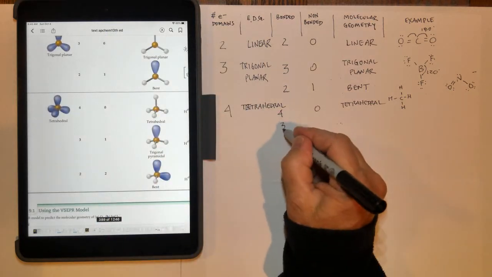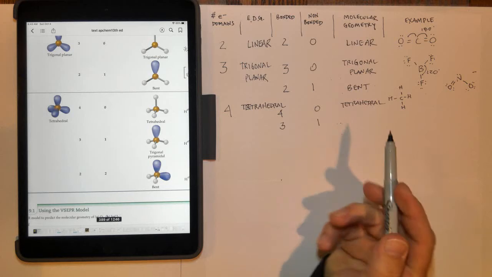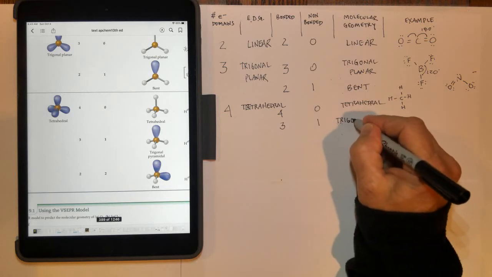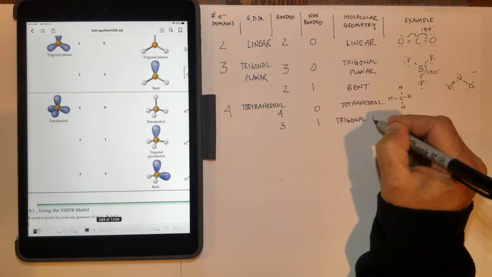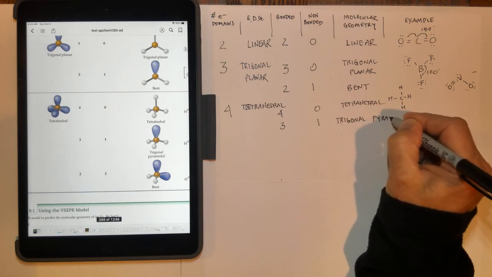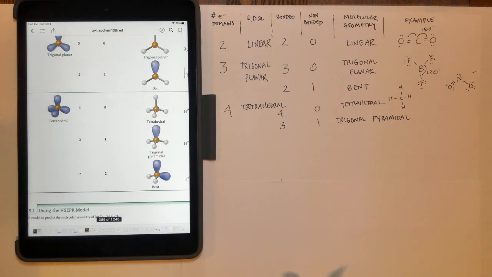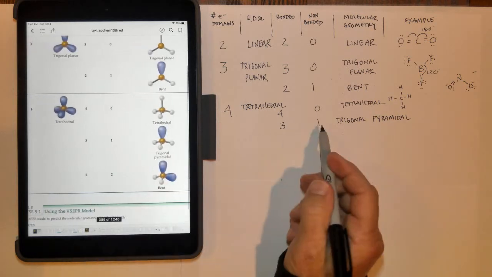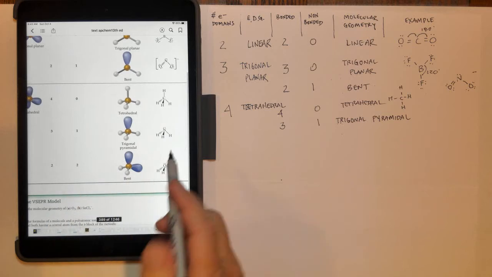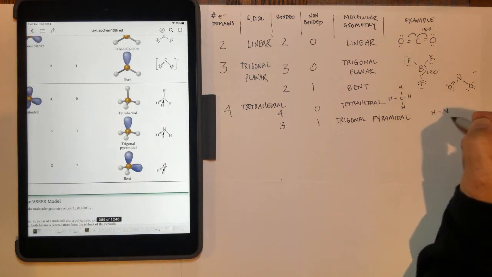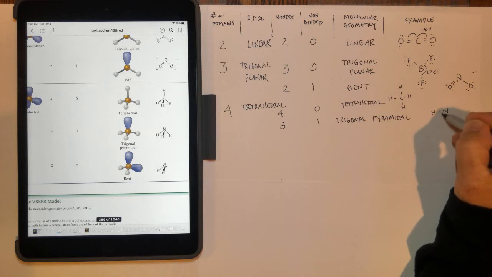Alright, then there's 3 and 1, so 3 bonded, 1 non-bonded. And this is called trigonal pyramidal. This would be with 3 bonded, 1 non-bonded domain of electrons, and a good example of that is ammonia, so NH3. Let's see if we can draw it like they did.